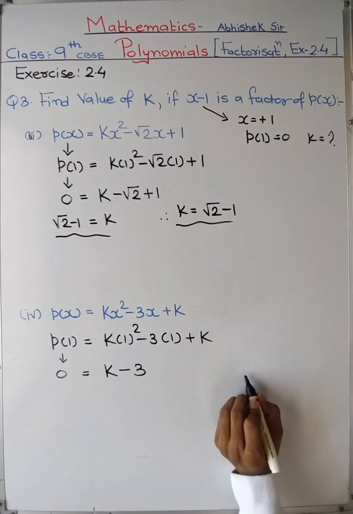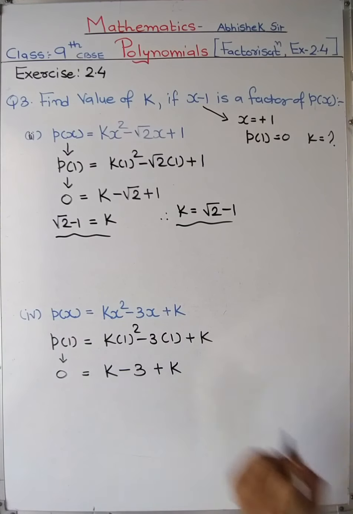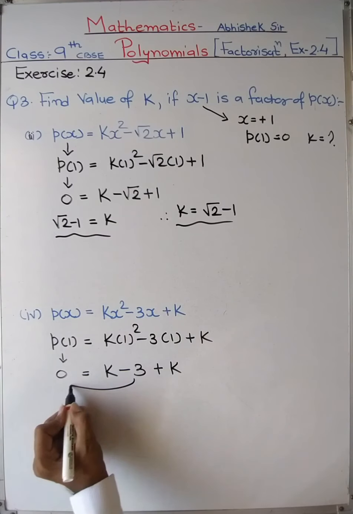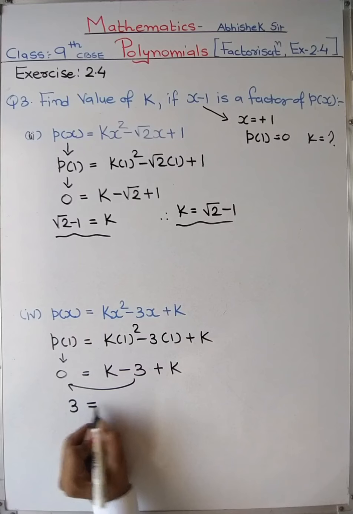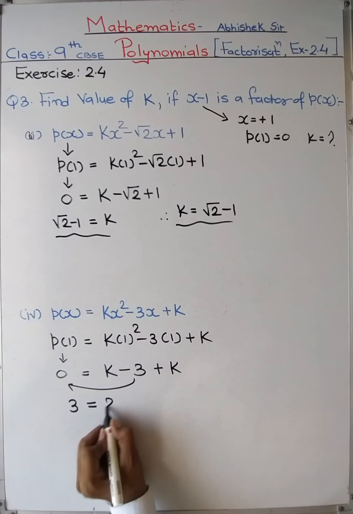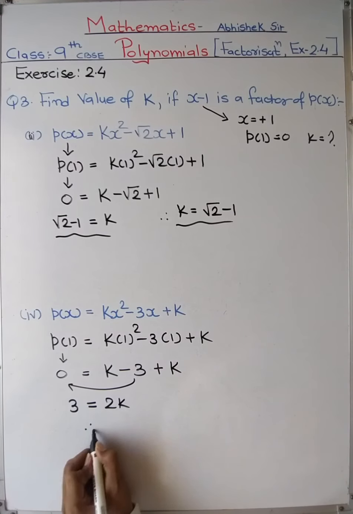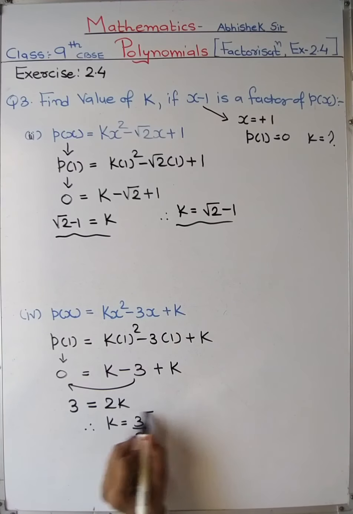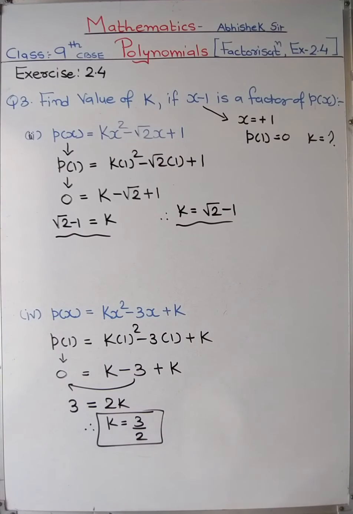Here it is minus 3 ones are 3 plus k. So everything except k only we'll have to take on the other side. So minus 3 goes on this side becomes plus 3. Over here we have k plus k, that is 2k. Remember we have to find out the value of k. So 2 will go on the downside. So k equals 3 by 2 is our value of k.